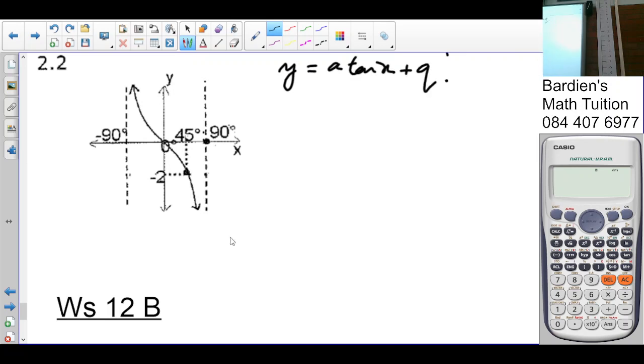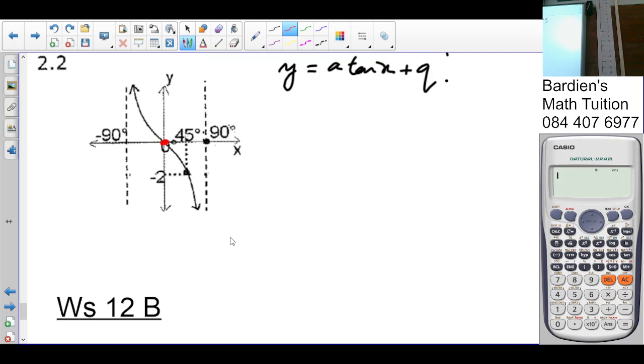Now, if you had done enough, the range of this graph, you can clearly see it's going to be y is equal to negative 2 tan x plus 0. Just negative 2. But say we didn't know that. What we do, we must use the information given. So as you can see here, it's going through 0 and 0.